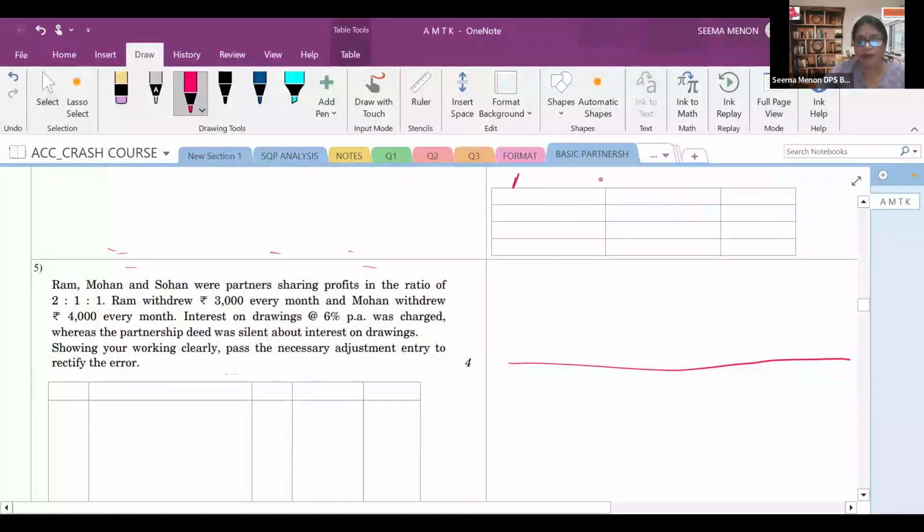Here you will be purely showing the interest. The heading is adjustment table, or you can also write adjusting entry table. Ram, Mohan, Sohan are the partners.